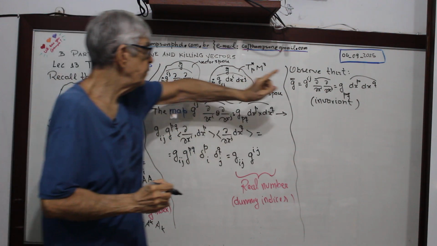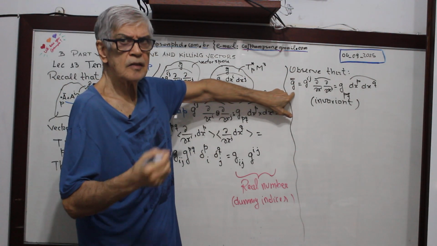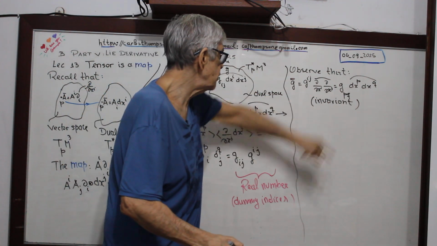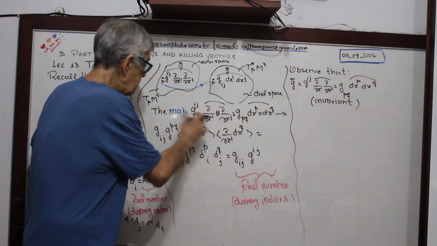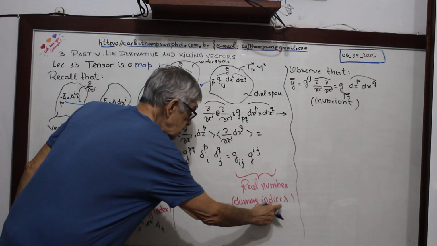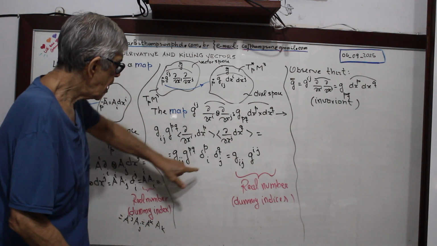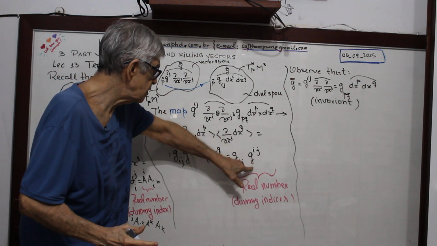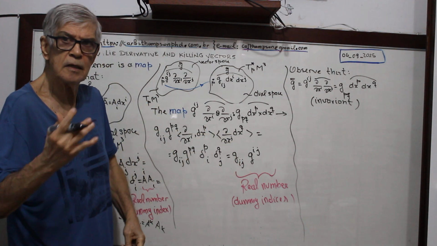So in this case, for the second order tensor, just to emphasize, this is invariant. So the map is a scalar, a real number. Now, i is dummy and j is dummy, so both are dummy indices.